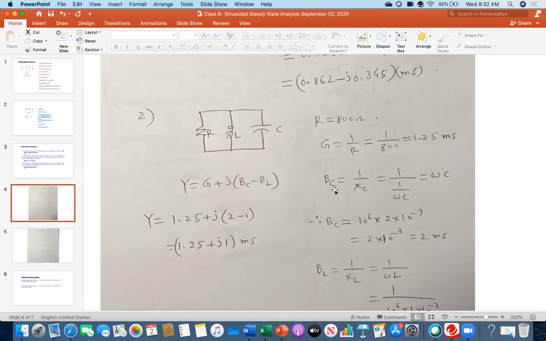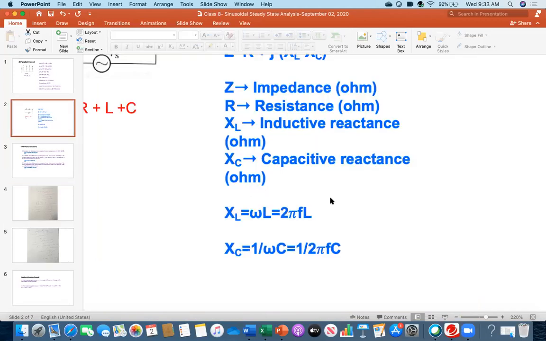As I showed you in the previous slide, BC is 1 over XC. And what is XC? XC is 1 over omega C. Keep in mind, XC is not just omega C; XC is 1 over omega C. And omega is 2 pi f.